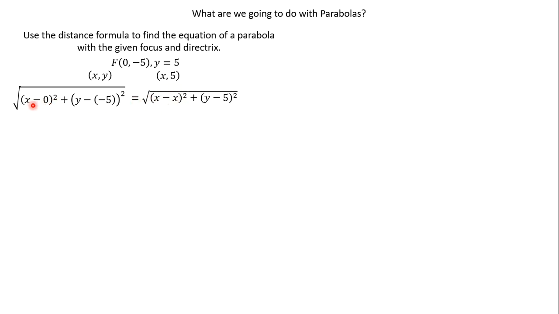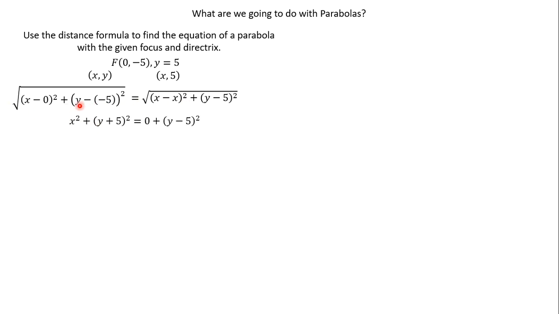One of these goes away. That will happen every time you do a parabola, because otherwise it would cancel out and we wouldn't have anything squared. When we do this in a parabola, either one of the x's or one of the y's will cancel out. So this is just 0. Minus negative is positive, so we could simplify it a bit.